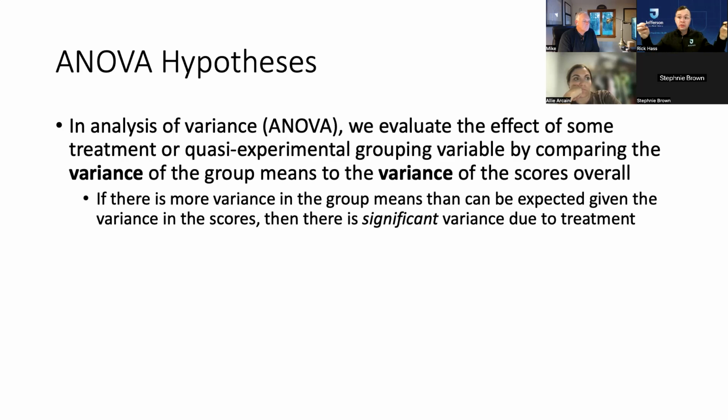Are the groups very different from one another in terms of their averages relative to how variable the scores are within each group? If the group means are spread out relative to how scores are spread out, then we conclude there's got to be some interesting differences between the groups.